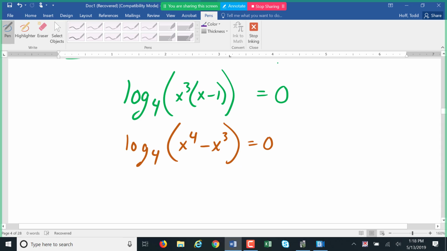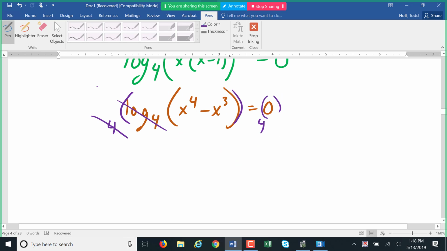Base 4. 4 to the power of, yes, an exponent with a base of 4. So the 4 to the power of and the log base 4 cancel out, leaving us with x to the fourth minus x to the third.